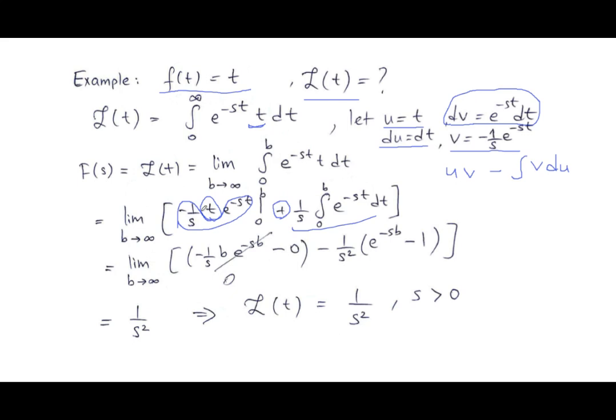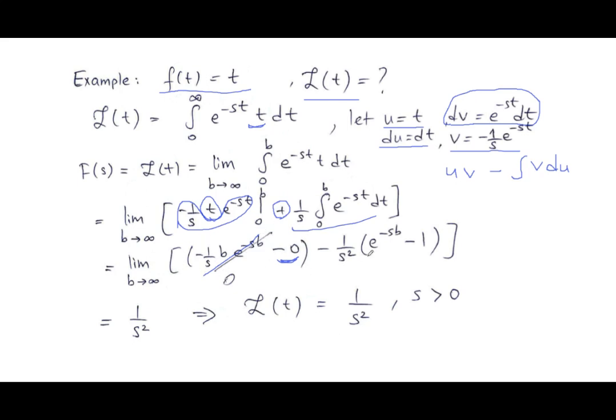So if you evaluate this expression, plug in b instead of t. And if you plug in 0 instead of t, then you will get 0, because t equals 0 is 0. So the second term will be 0. And the first term, as b goes to infinity, this will also go to 0. So the first expression, we just get 0.